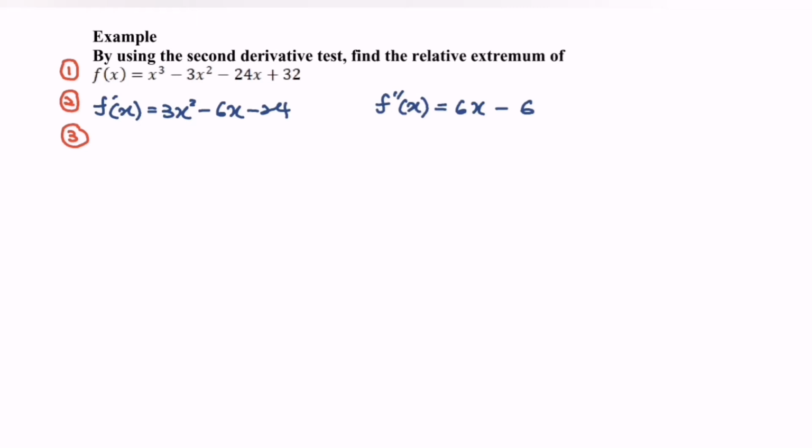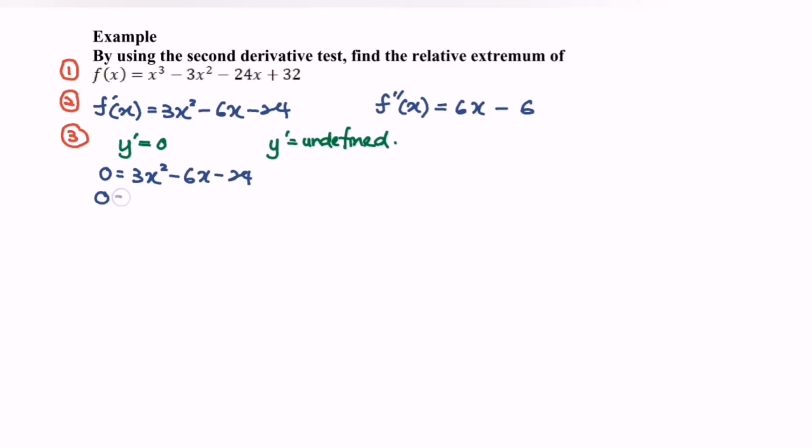By using y prime equals 0 and y prime equals undefined. So for this case, y prime equals 0, we have 3x squared minus 6x minus 24.